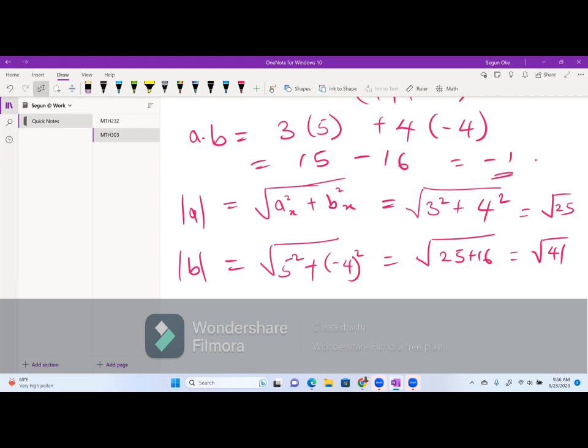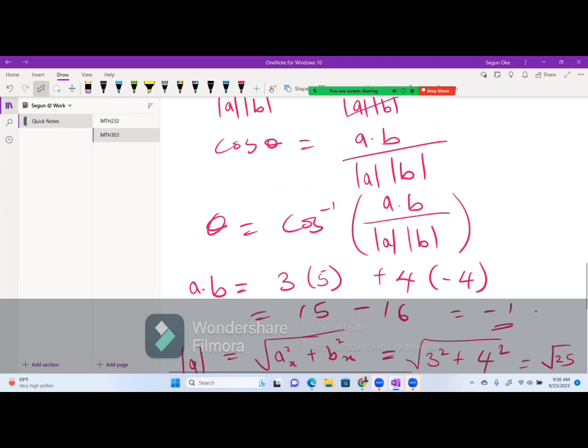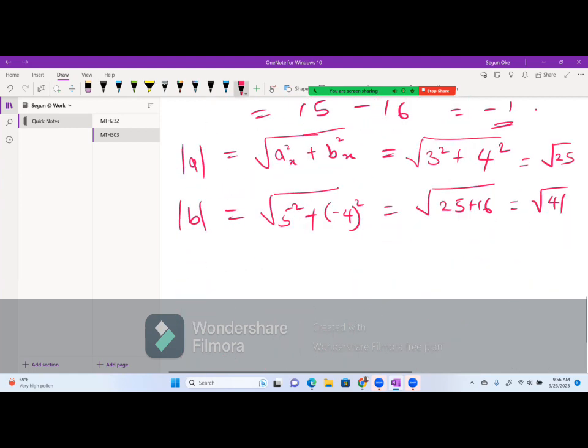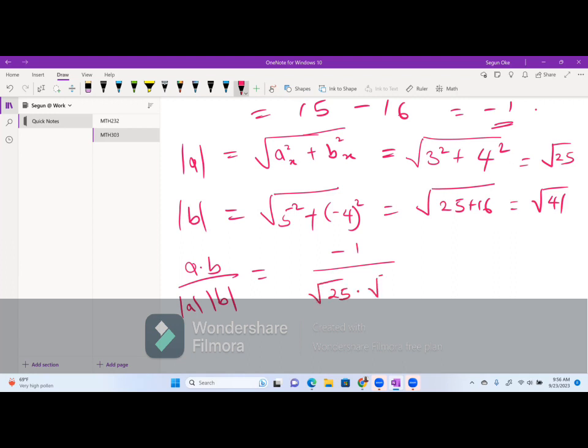Then I can go ahead and get A dot B over the magnitude of A times the magnitude of B, which is -1 over 5 times the square root of 41. Any question?